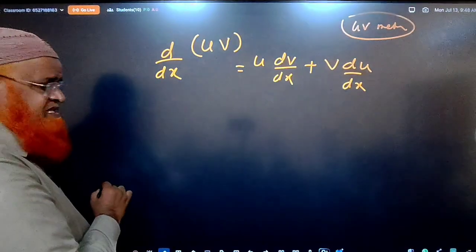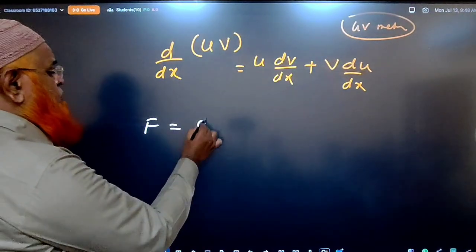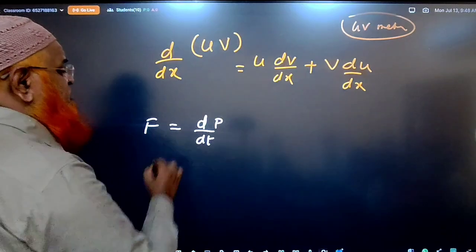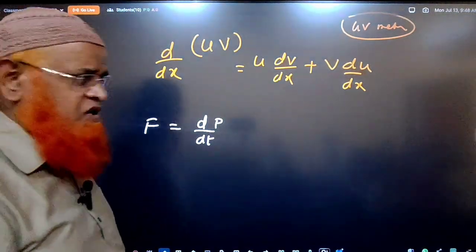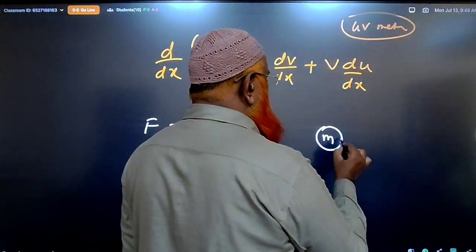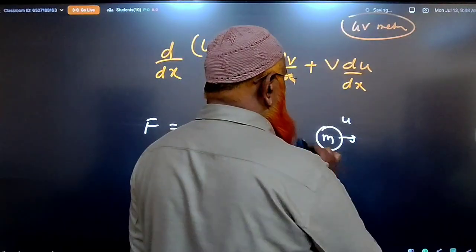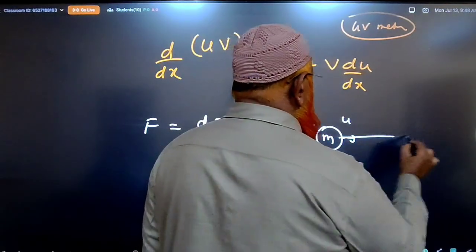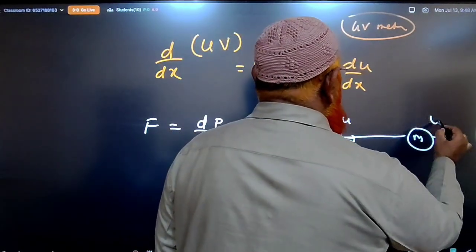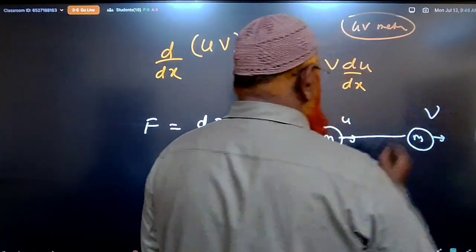See, Newton's second law says that force is directly proportional to rate of change of momentum. What is the meaning of that formula? This is mass. If the body has an initial velocity, and you are applying a certain force here, the body's velocity increases from initial velocity to final velocity.